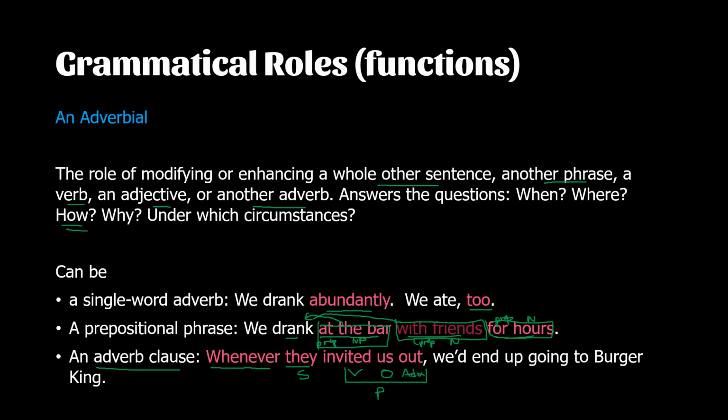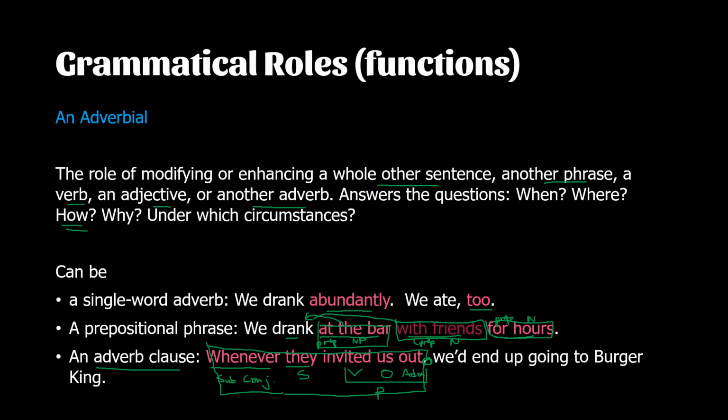They is the subject of the clause, and when is the subordinating conjunction. All of this clause, because it's in first position, has a comma. My intonation says whenever they invited us out, so I go up and then back down, we would end up going to Burger King.